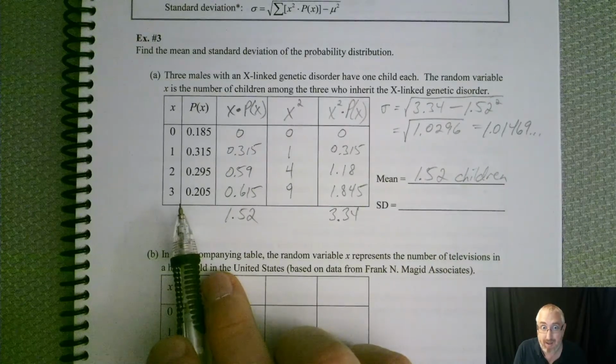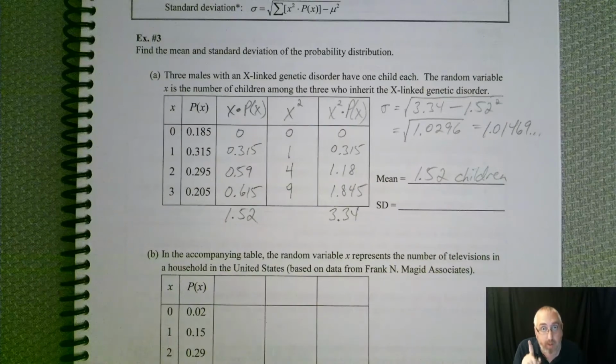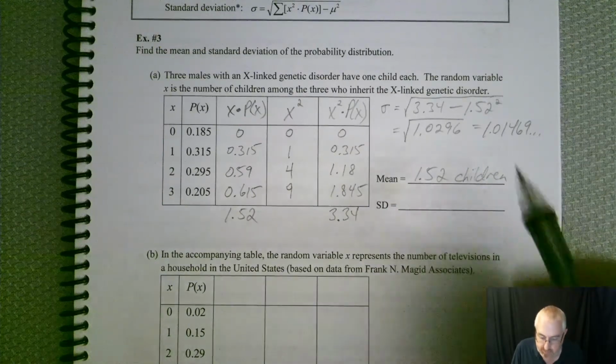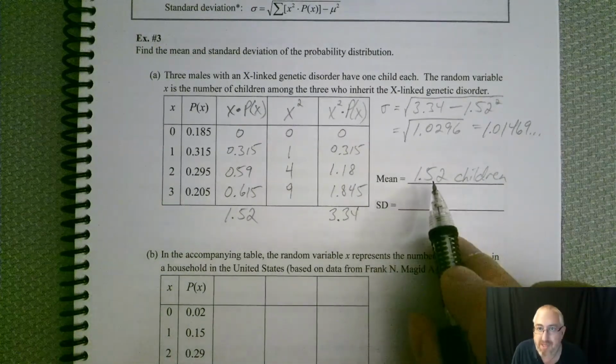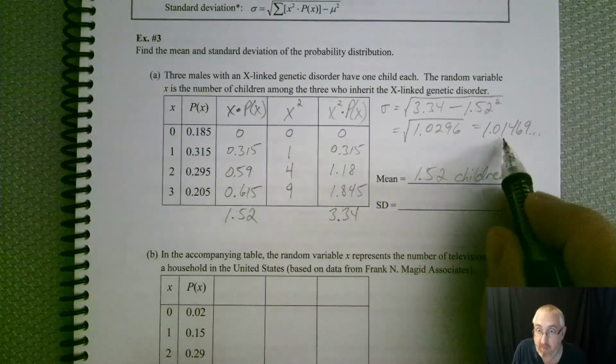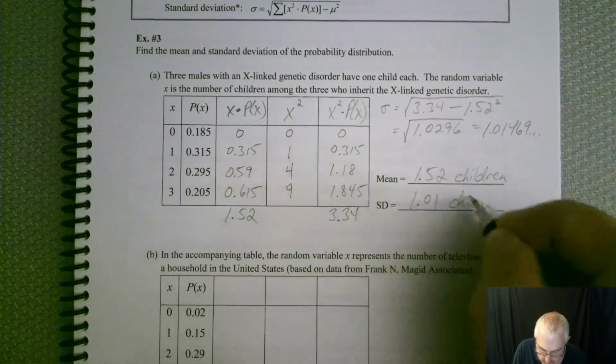That's our data. So there are no decimal points. So minimally, we should have one decimal point. Now, like I've always said, you can always carry more decimal points, and that's fine, but do not carry less. So in this case, since we got 2 decimal points in our mean, let's use 2 decimal points in our standard deviation. So if we round that properly, we would get 1.01 children.